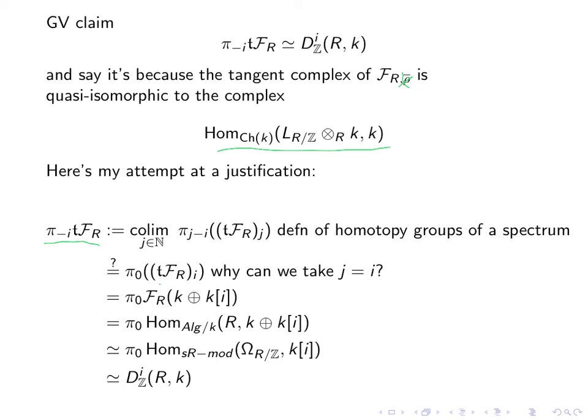The definition of the tangent spectrum is you evaluate the functor at this Artin simplicial ring, and for our functor F_R, that's just Homs out of R. Then using the property of Kähler differentials, that's Homs of SR-modules out of the Kähler differentials, and then that's isomorphic to the André-Quillen cohomology.